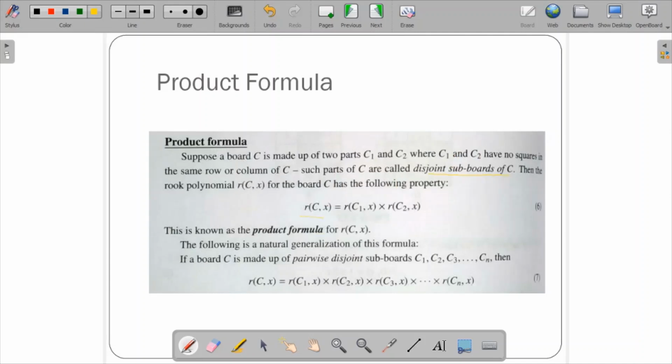For one part we find R of C1 of x using the basic formula, 1 plus R1 of x plus R2 of x square. Over here also the same formula. The product of these two gives R of C of x, that is of the main board.